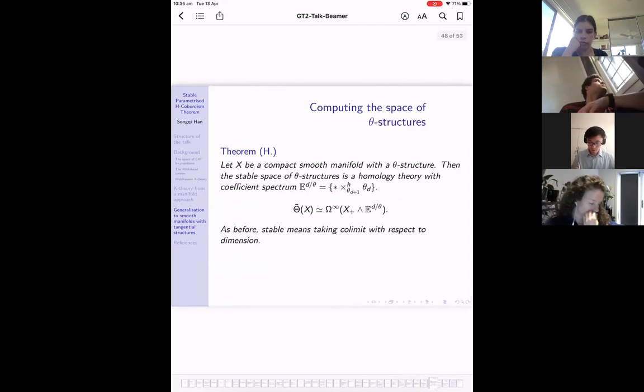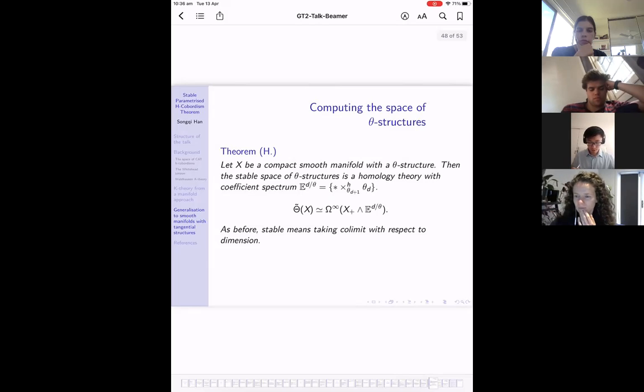Of course, we need to make some assumptions to make this actually a spectrum. You cannot just arbitrarily choose theta d and expect that this forms a spectrum. And we know that this is a homology theory, which is important, as we are going to see in a minute.